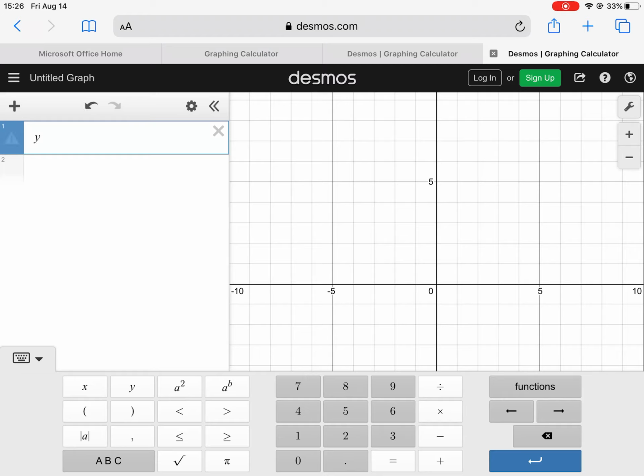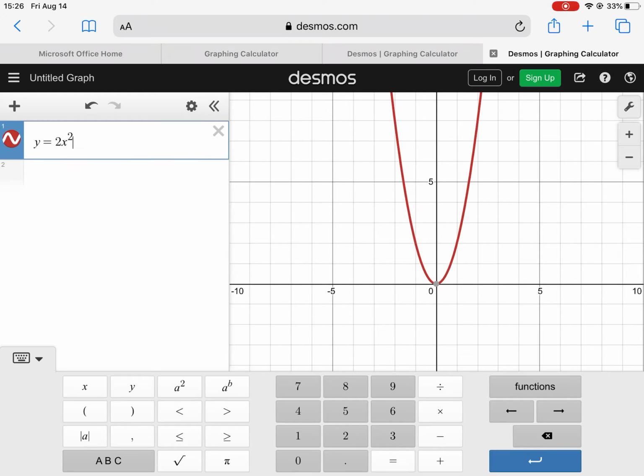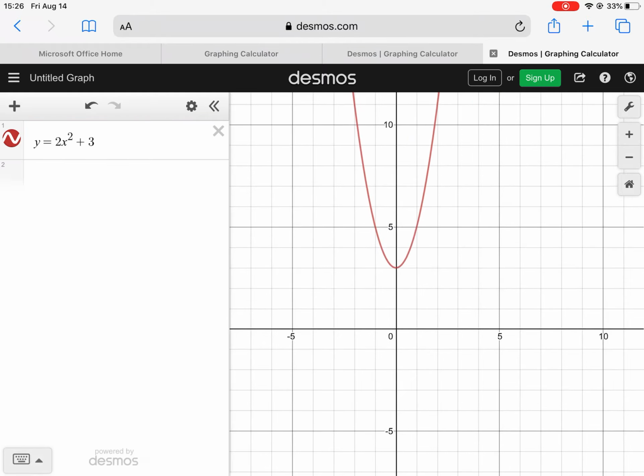The equation was y equals 2x. I'm going to hit this button to the right of x that says a squared to get a squared up there. And then I need plus 3. So there is the graph.